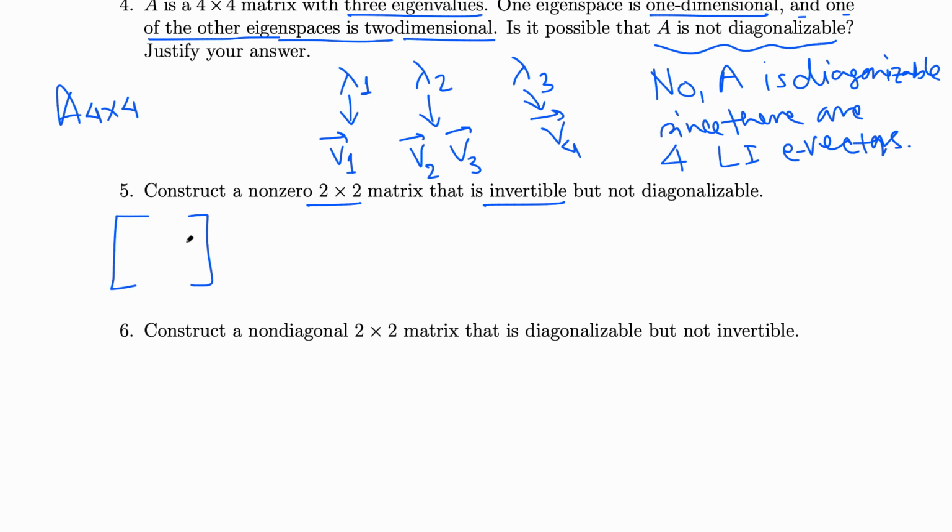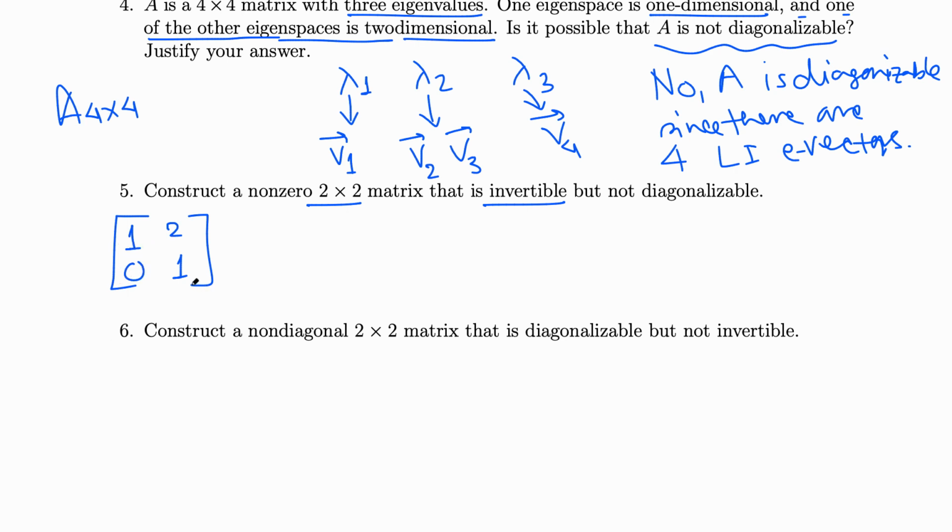Not diagonalizable means the eigenspace is one-dimensional, or only one eigenvector. We can take 1 1 and put any number here, let's say 2 and 0, or 2 0.